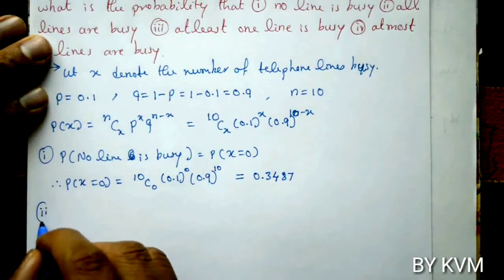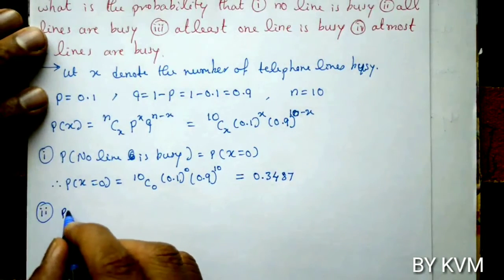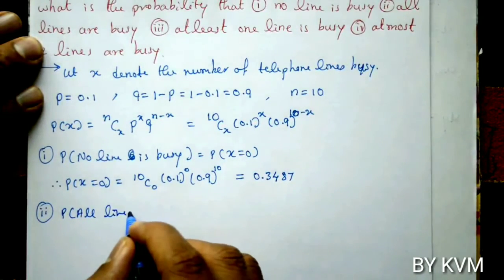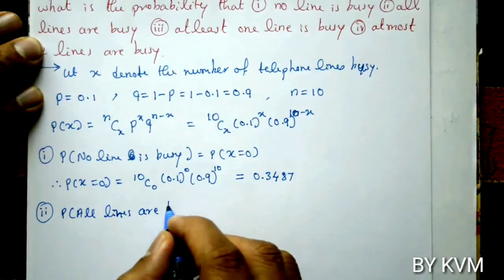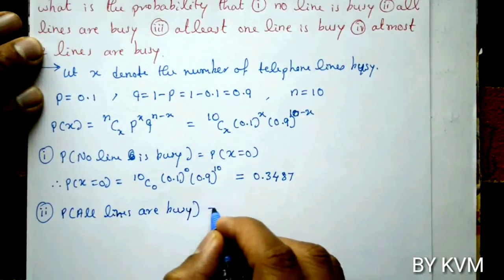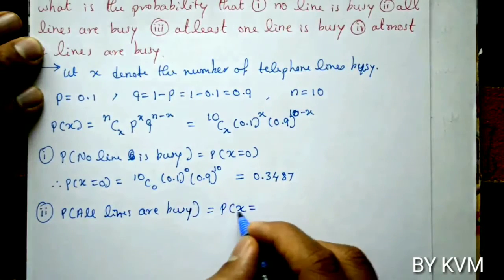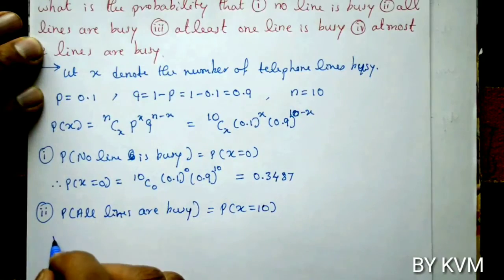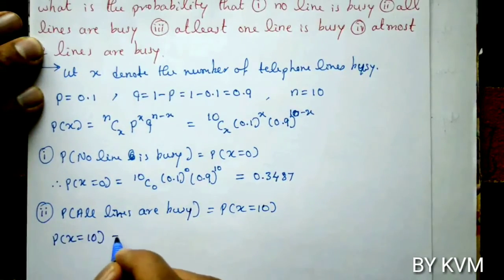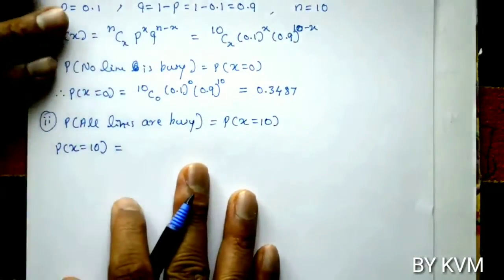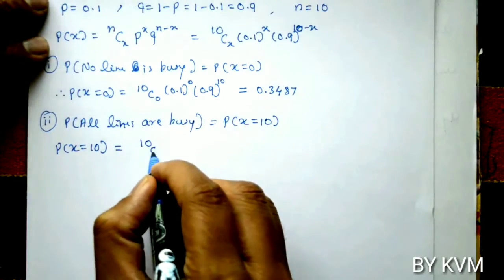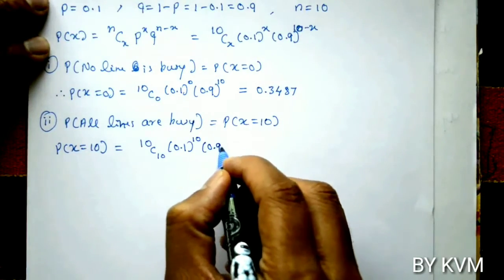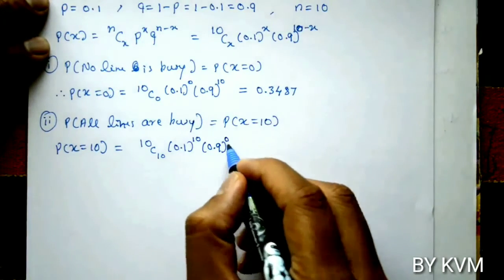Now, second case, all lines are busy. All lines are busy means we are taking all 10 random lines, so the probability of all lines busy is equal to the probability of x equals 10. Put x equals 10: 10C10, 0.1 whole power 10, 0.9 whole power 10 minus 10, that is 0.